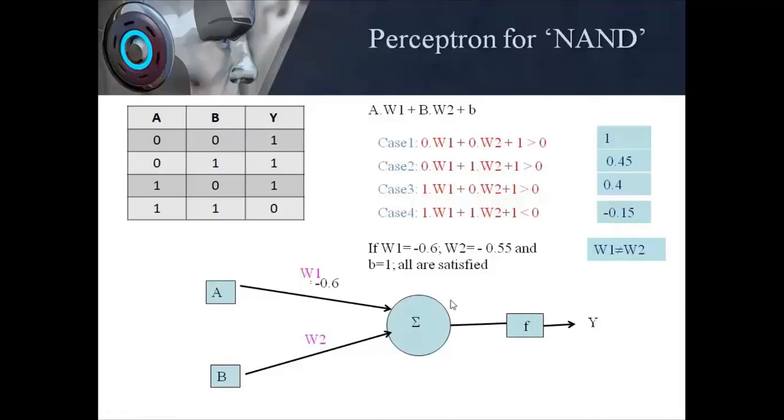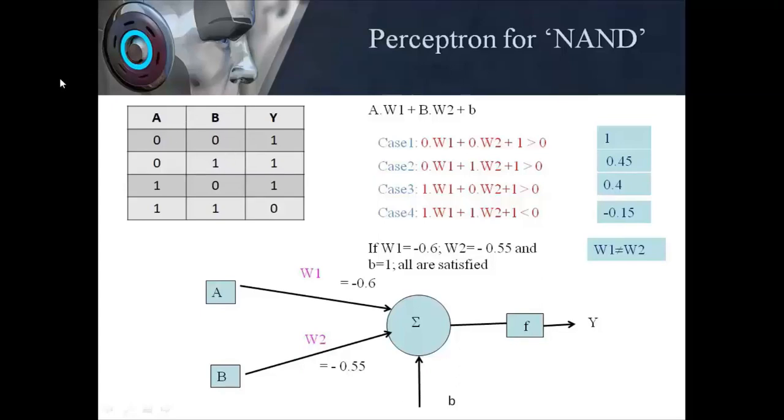So now I can say that based on the perceptron, I can have a model of a two input NAND gate as given by this, where B is a fixed value of 1, both the inputs are binary, the output is binary, and my weights are going to be negative, as -0.6 and -0.55.